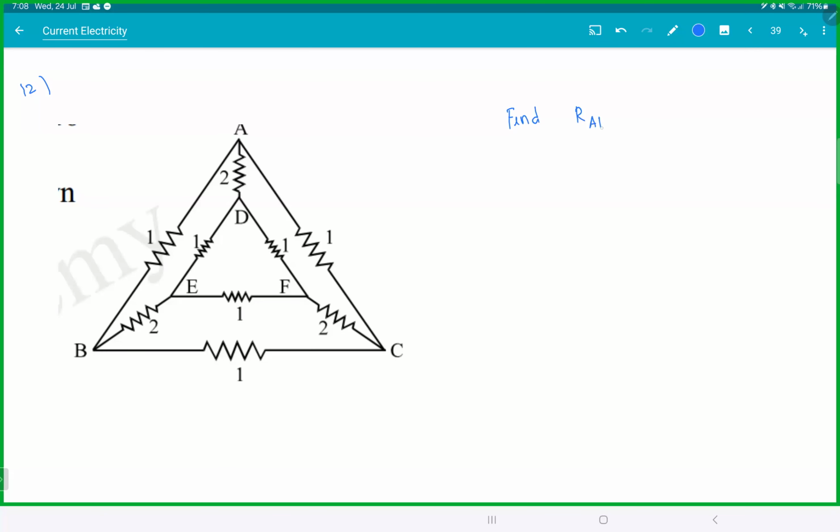Find RAD, find RBC. If the battery is between A and D, these 2 points here.